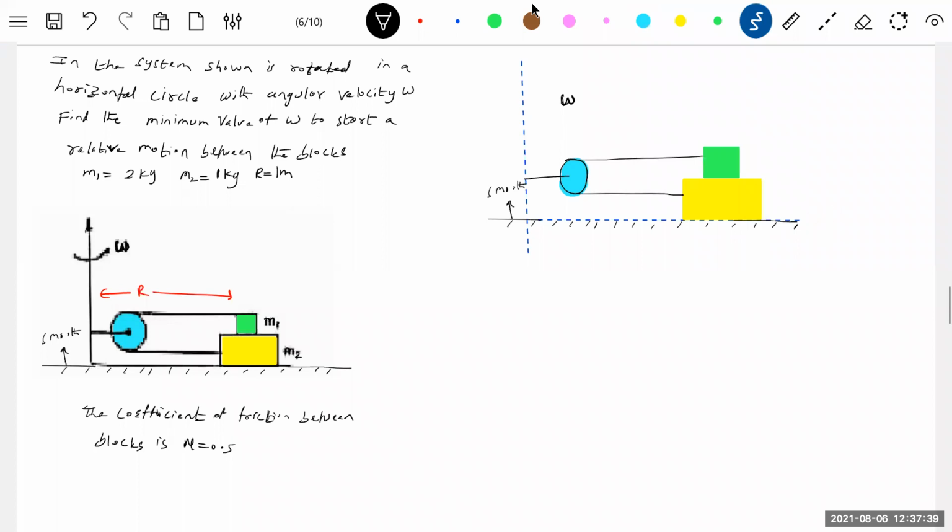There are two ways: either you learn by yourself or learn through a teacher. Learning through a teacher does not mean just looking at the screen; from your side the minimum effort should also be there. So there's a normal contact N1, weight M1g.